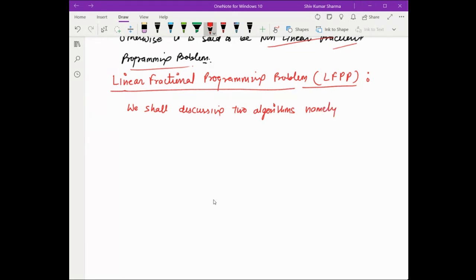We give the name as Charnes and Cooper's algorithm, and second is the simplex algorithm.